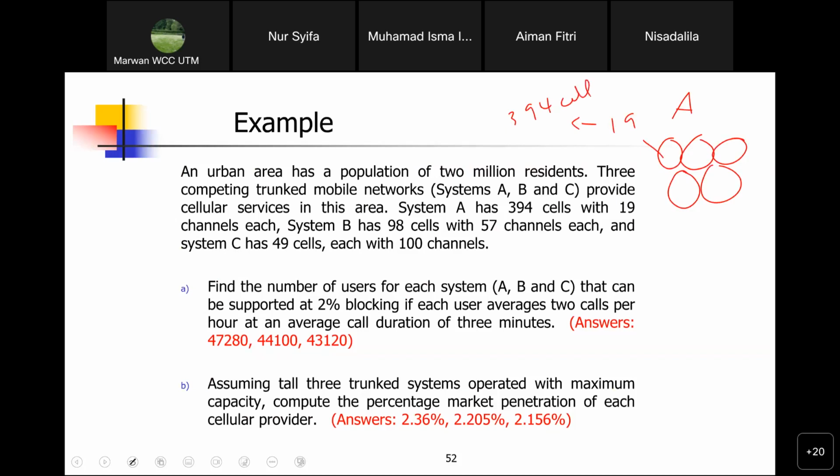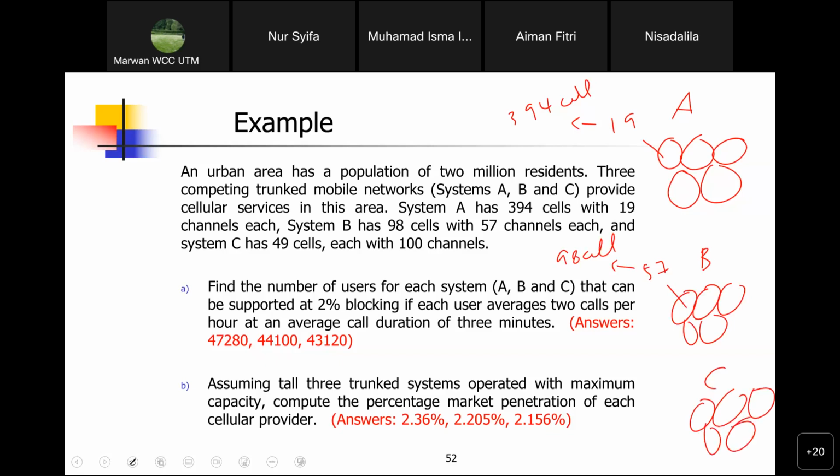System B: one cell has 57 channels and you only have 98 cells. System C: this is the same area. You have 100 channels and only 49 cells.